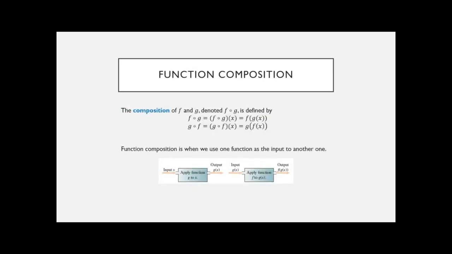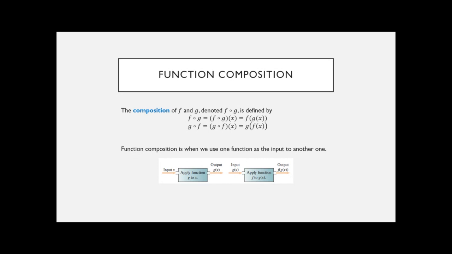So function composition is written, if you have two functions, f and g, with a circle in between them. It's an open circle. So that's read out loud as f composed g. Or I will write it in the function written form, f of g of x.